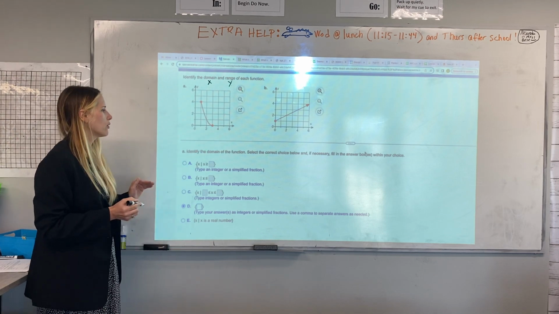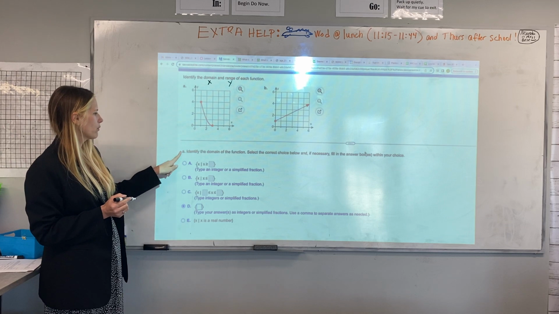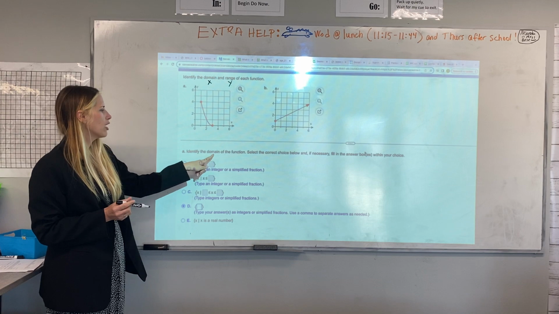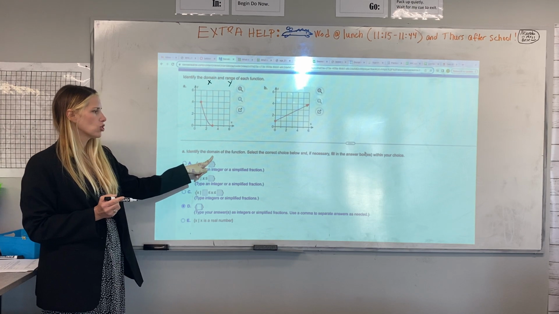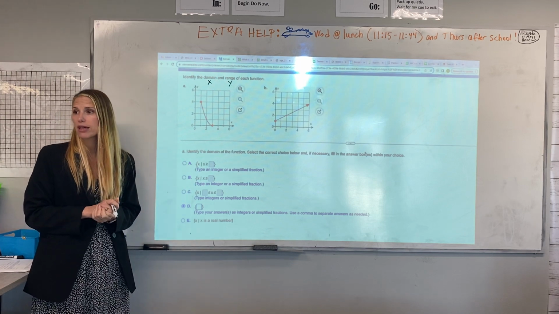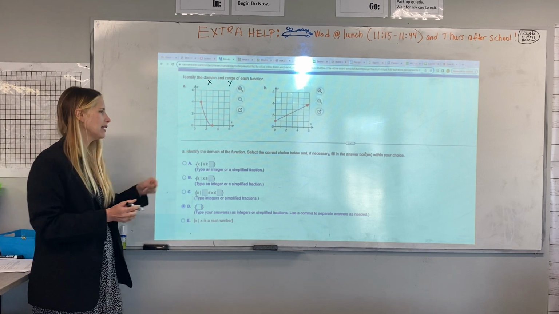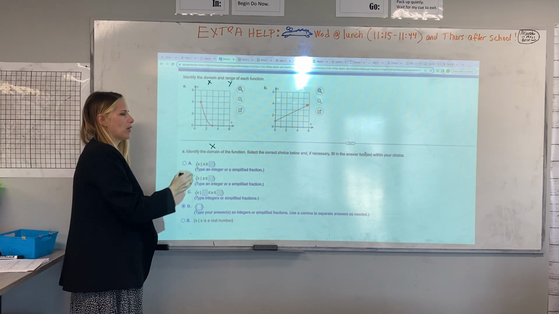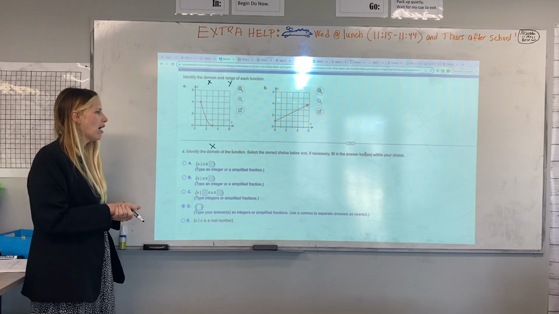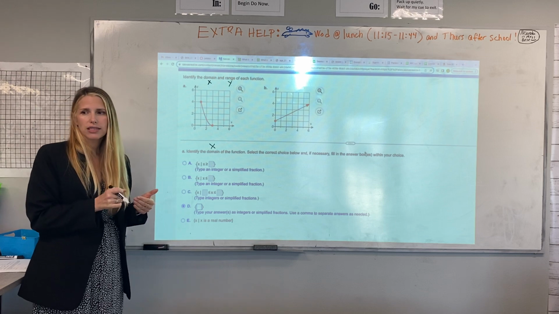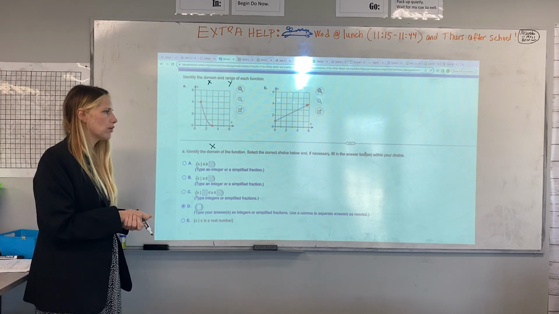Okay? So let's look. I think this is for part A, right? It says identify the domain of the function. So what values are we looking for? Our x values, right? Domain is our x values, also known as our input values of the function. So I always read all the directions because sometimes that gives you little hints on how to do it.